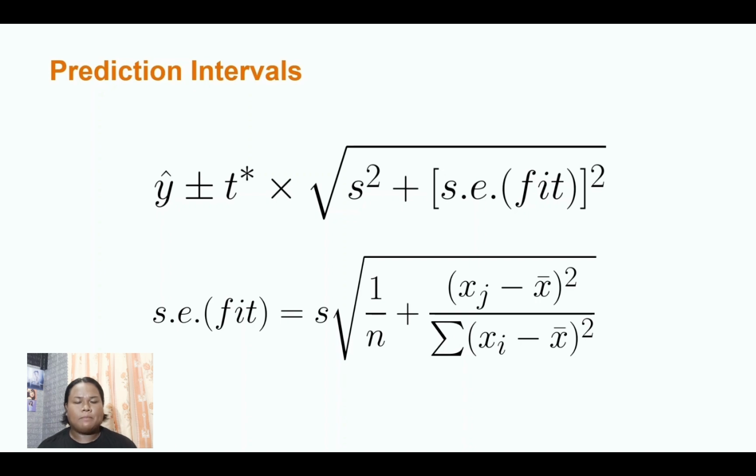The formula ŷ plus t star times the square root of the sample standard deviation squared plus the standard error of ŷ squared gives our prediction interval.